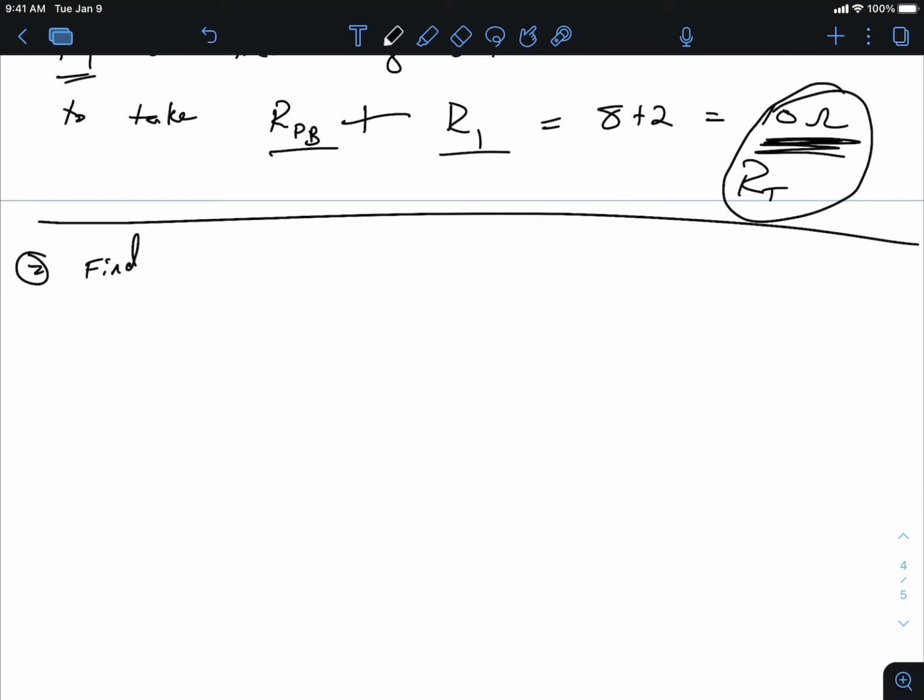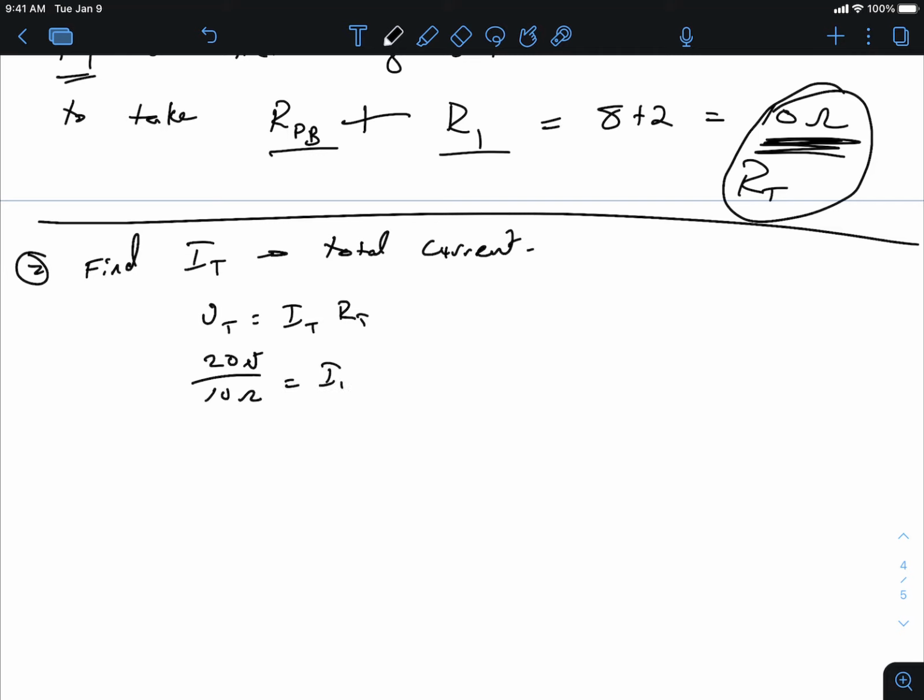Find IT, total current, or the total number of cars. Okay? So to do that, we're going to say VT is equal to IT times RT. Plug in the numbers. Well, total voltage was 20 volts, divided by the resistance total, which we just found to be 10 ohms.